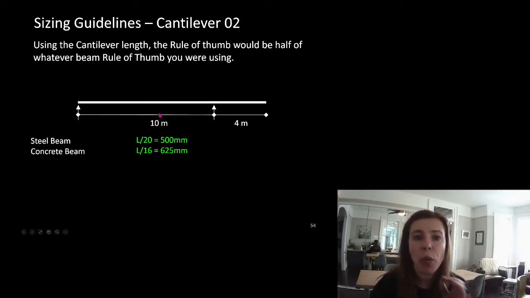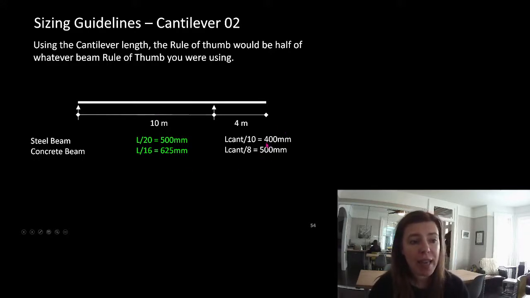I'm just trying to show you what the calculations show. And our depth for our cantilevers is this dimension. So if this was supposed to be one continuous element, we can see that the 500 is deeper than the 400, which means we're going to want a W530, I believe, for our steel beam here. Or we're going to want a 650 deep concrete beam here.